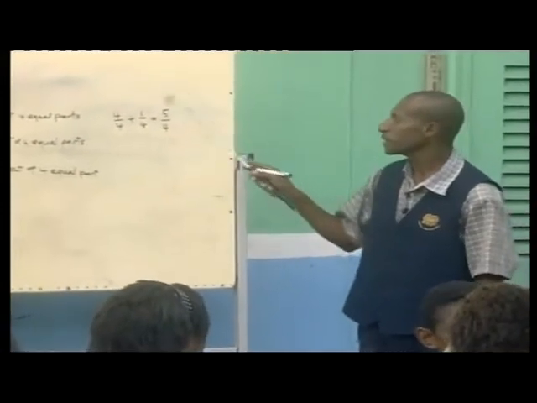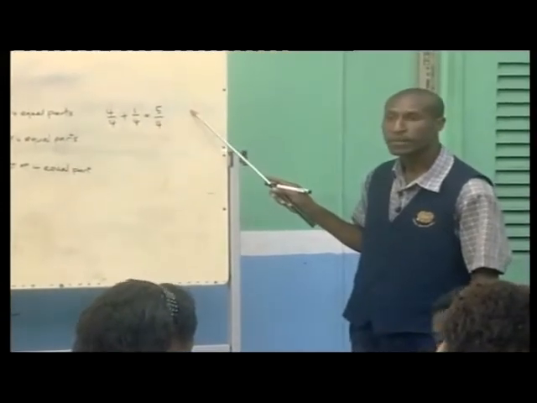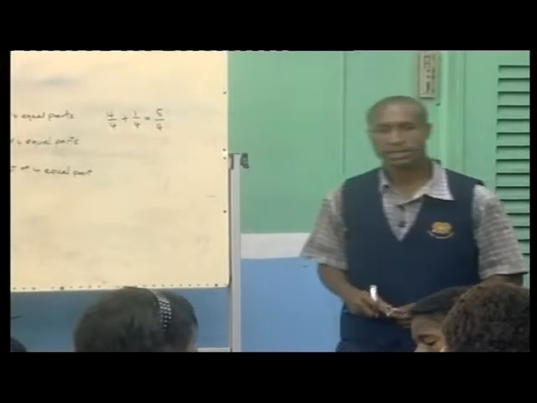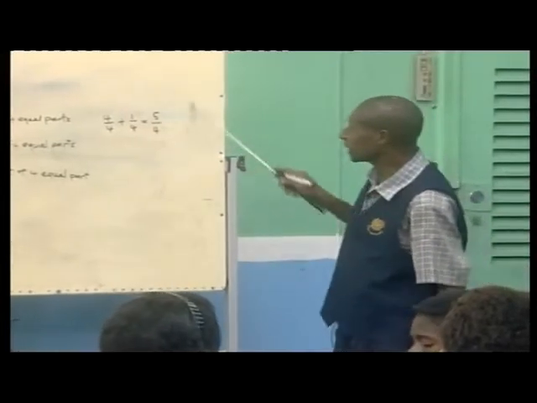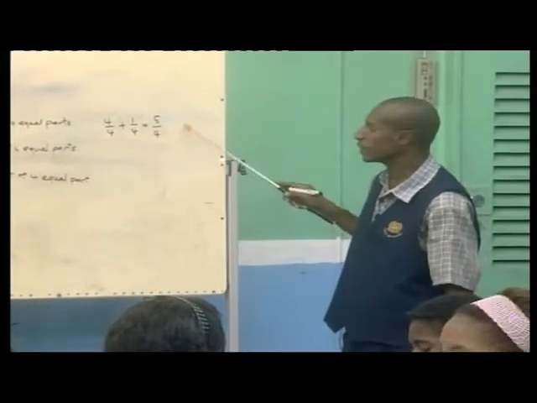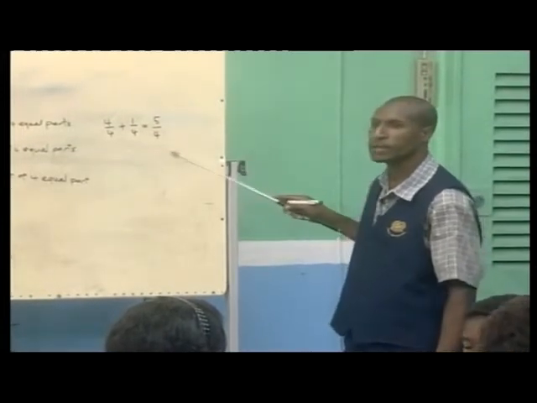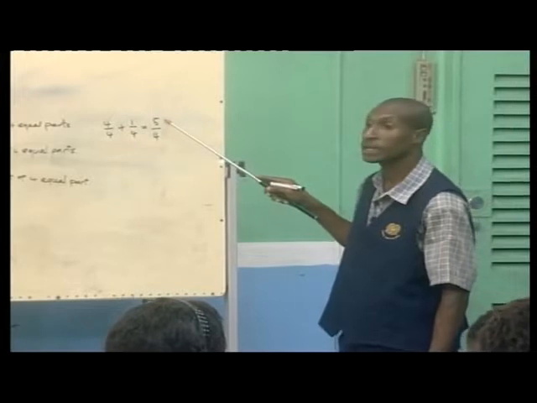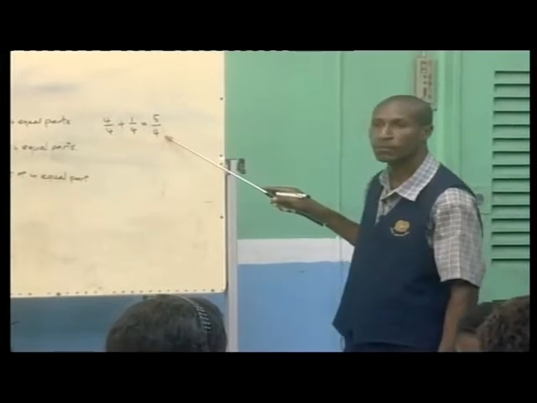What can you say about the improper fraction? Okay, students. If you look at the improper fraction, look at the numerator and the denominator. What can you say about the difference between the numerator and the denominator?